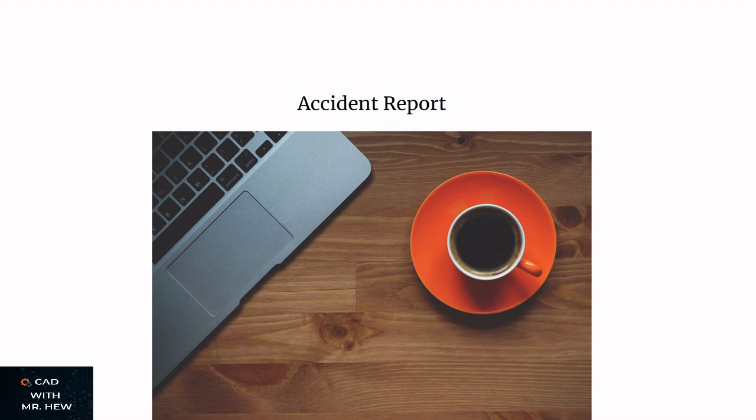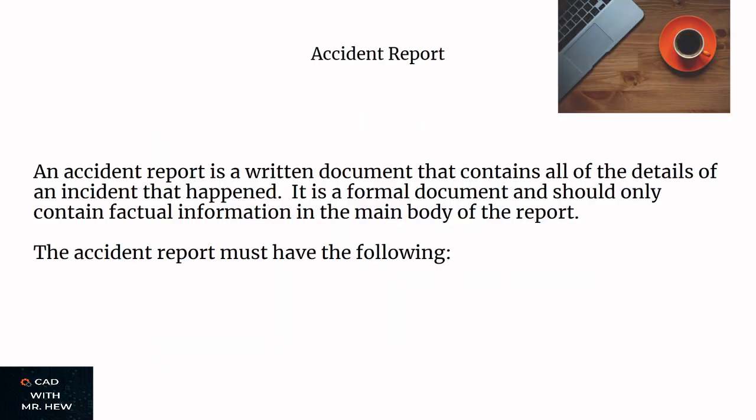So we are looking at the accident report. The accident report is a written document that contains all of the details of an incident that happened. It is a formal document and should only contain factual information in the main body of the report.